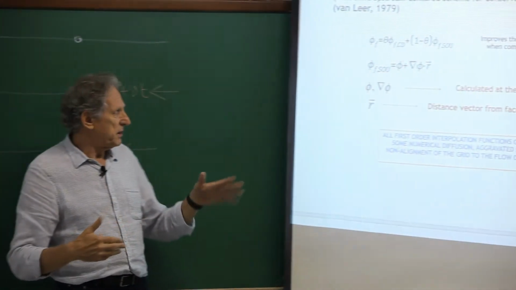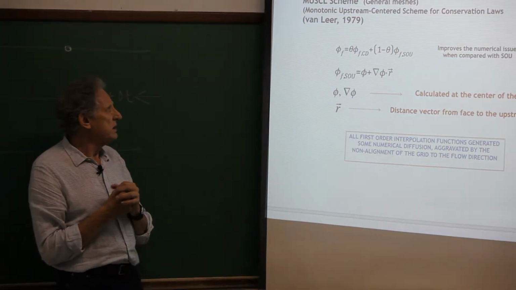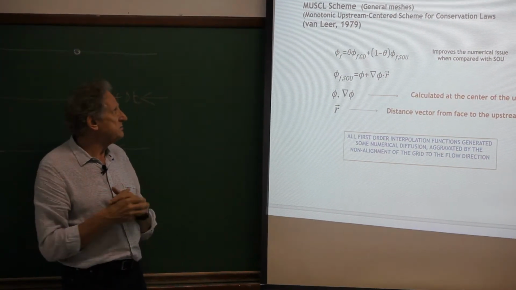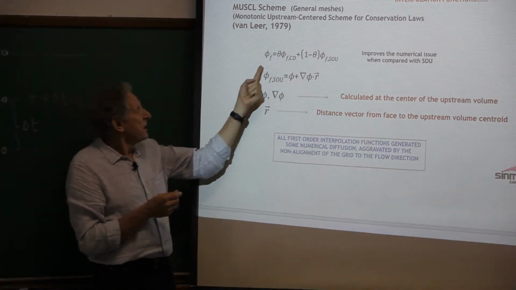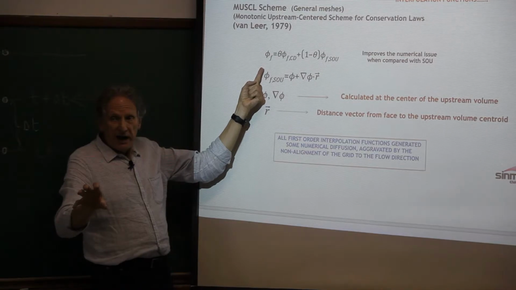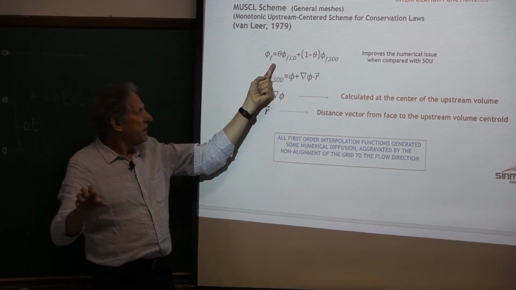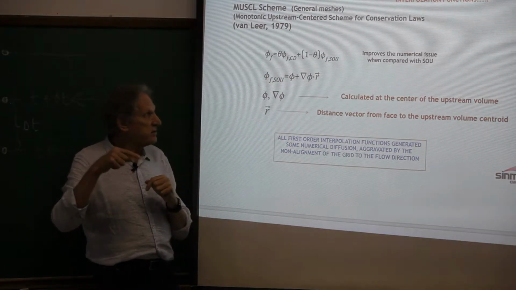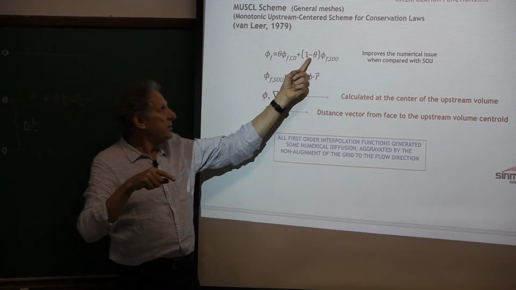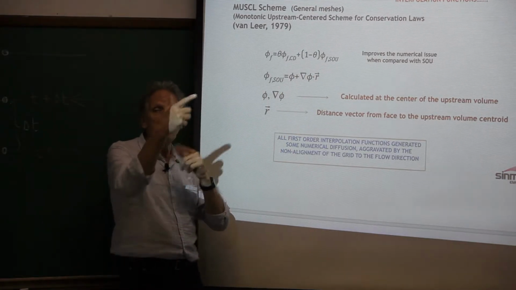And then there is another method, let's say the MUSCL scheme for general meshes. What does the MUSCL scheme do? It defines phi at the integration point as theta times phi central differencing plus 1 minus theta times phi second order upwind.